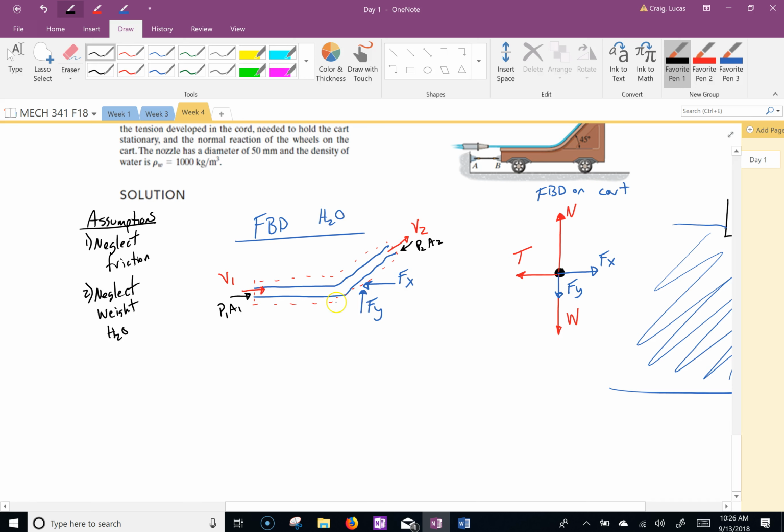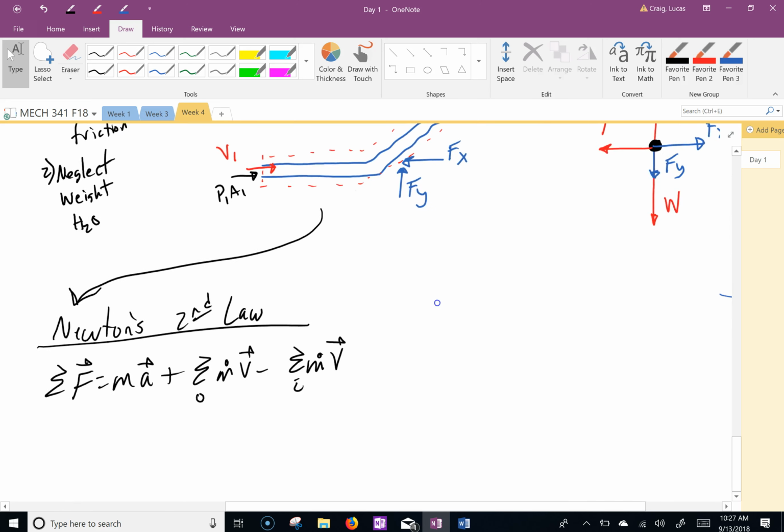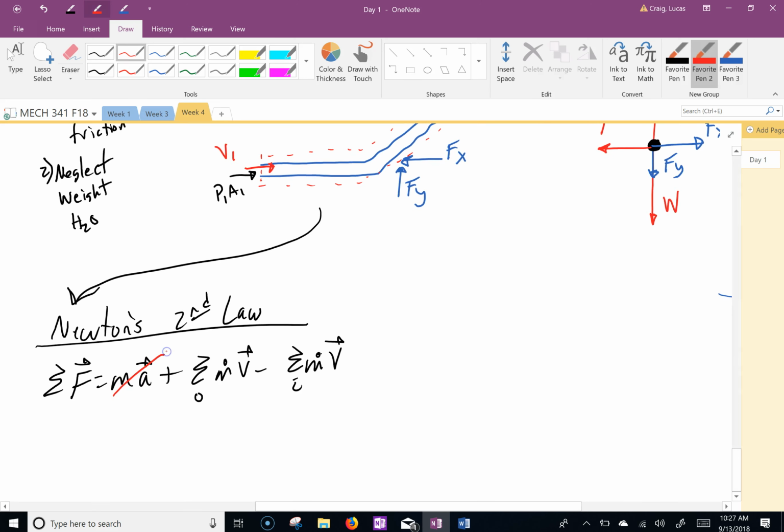Let's do Newton's second law on that first. Hopefully, by the time you're done, you've memorized this equation, right? You can cancel that. We have negative Fx.